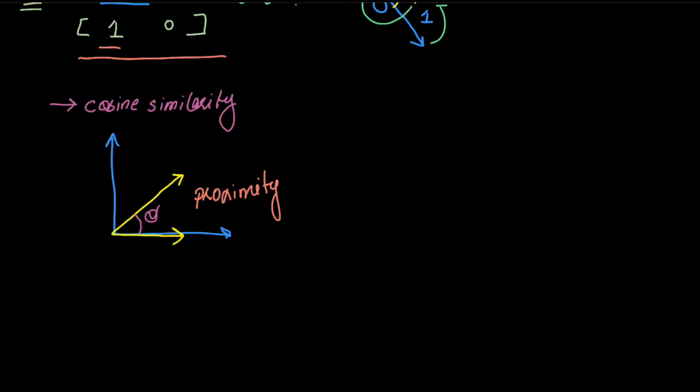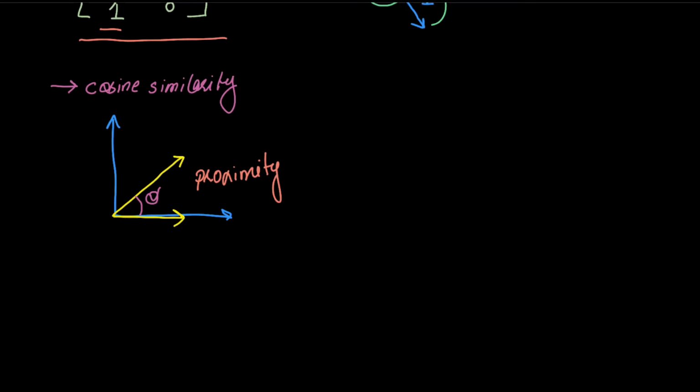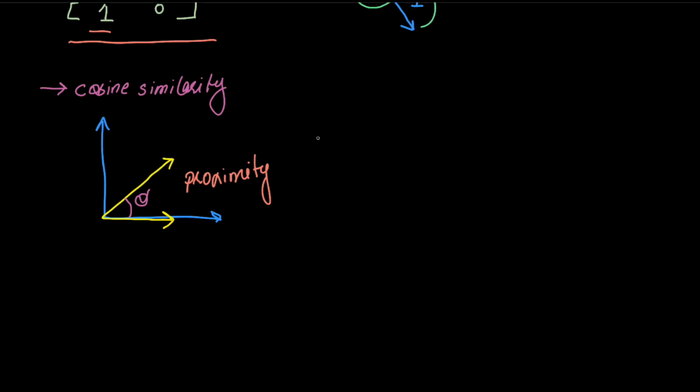Then we finally figure out which is the closest vector, and that's what we are finding, the closest vector. Now, cosine similarity helps us in that because it gives us a formula through which we can compute that. So the formula goes like this. We have cos theta, where theta is this angle over here.